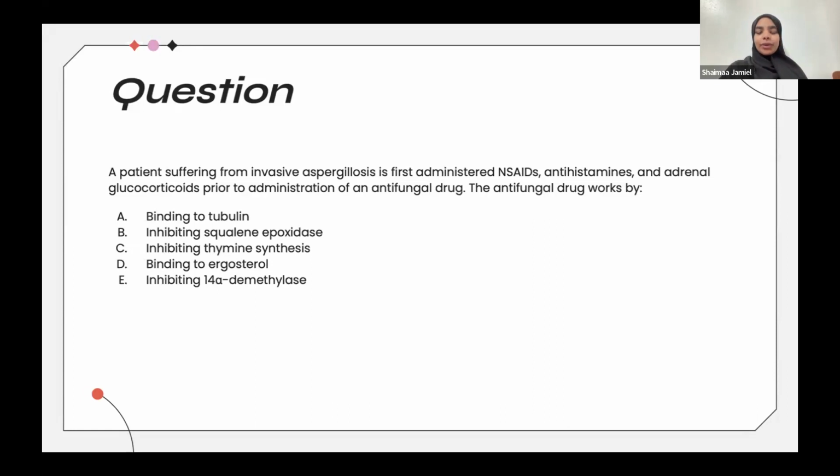Which one inhibits squalene epoxidase? Allylamines, but what's the name of the drugs? Two drugs. Naftifine and terbinafine, yeah. Would caspofungin also work in this question?